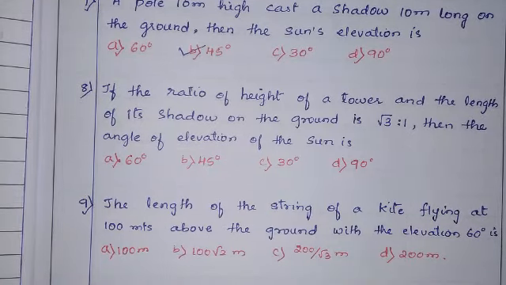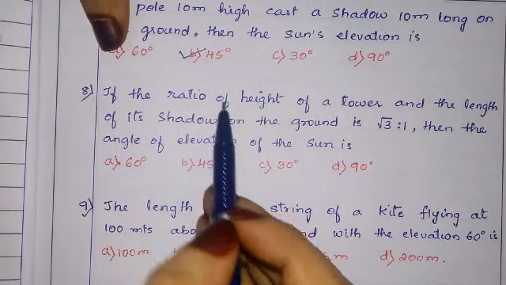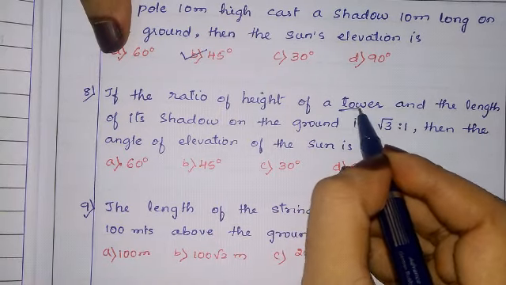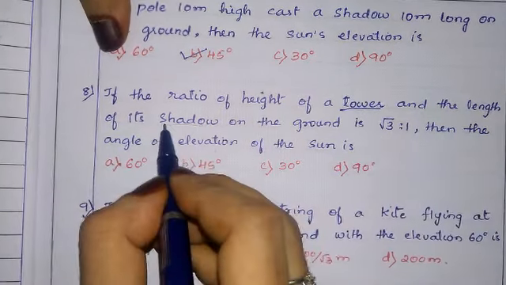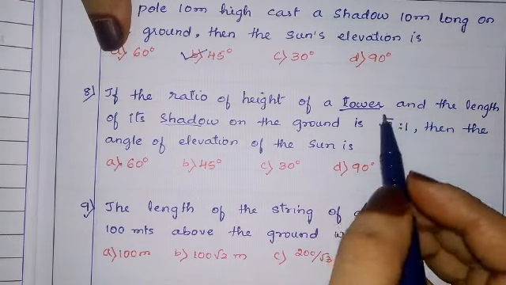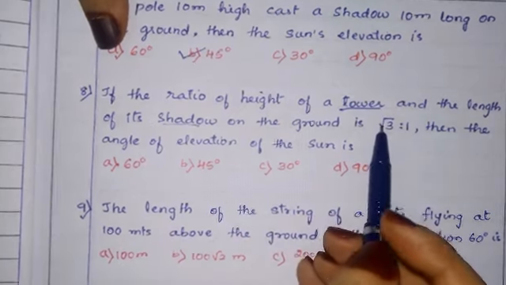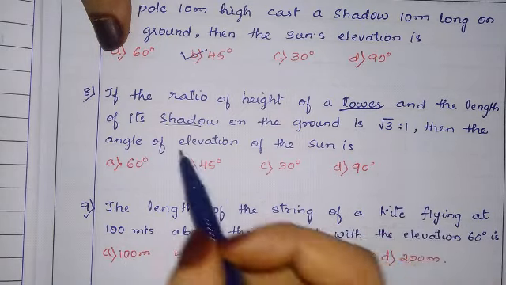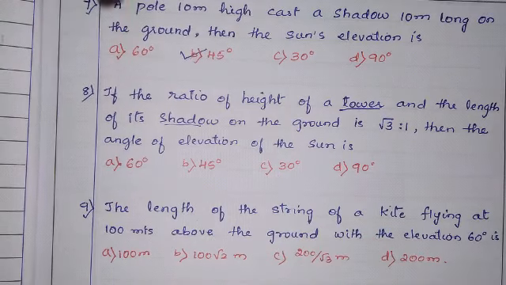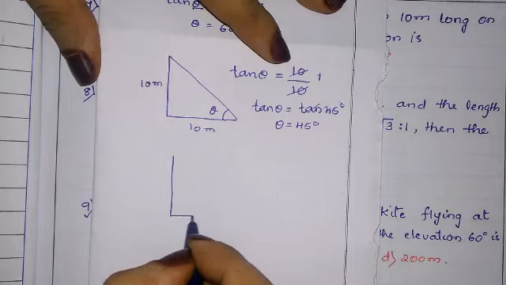Okay, now let us see, this is a bit different. If the ratio of the height of a tower and the length of its shadow on the ground is root 3 to 1. Here, the height of the tower and the length of its shadow are given in ratio form. The angle of elevation of the sun is one and the same, but still they have given it in ratio form.